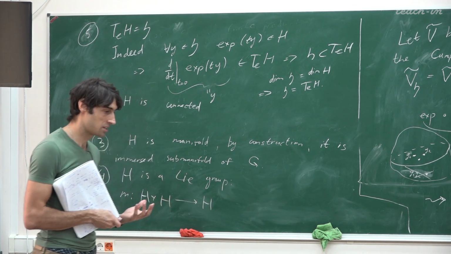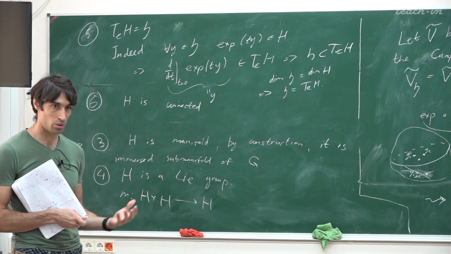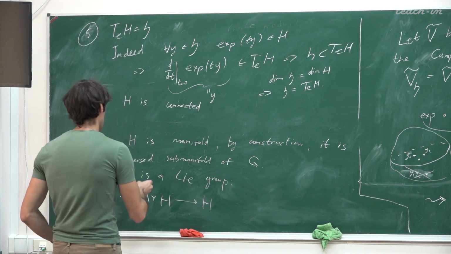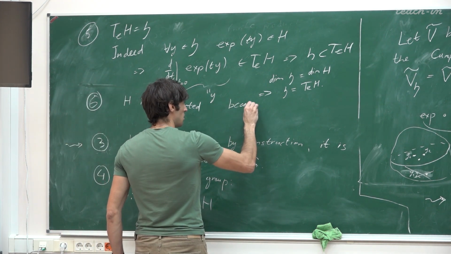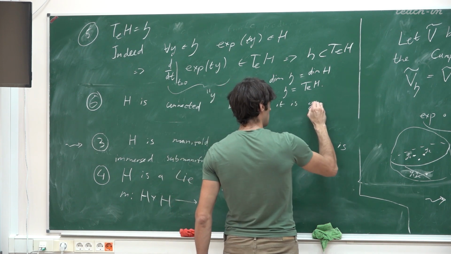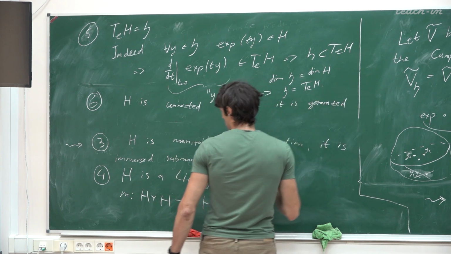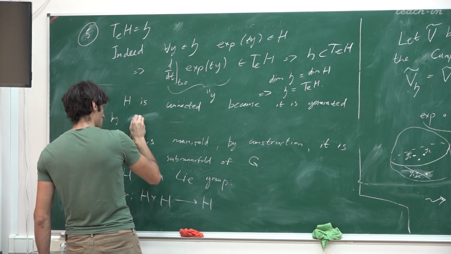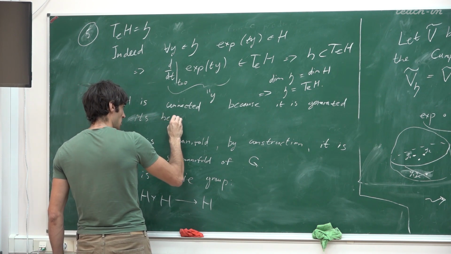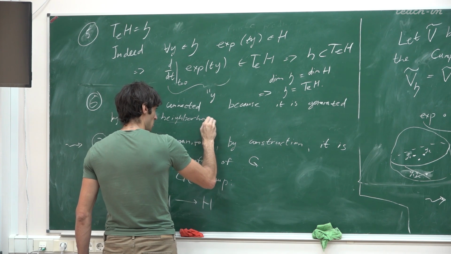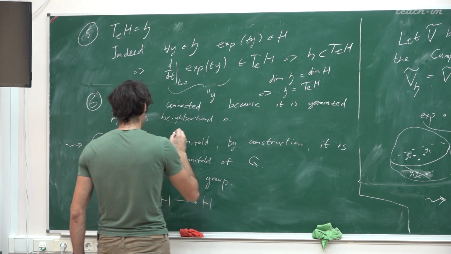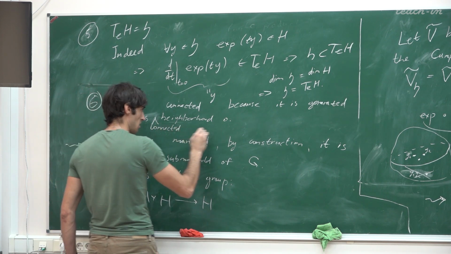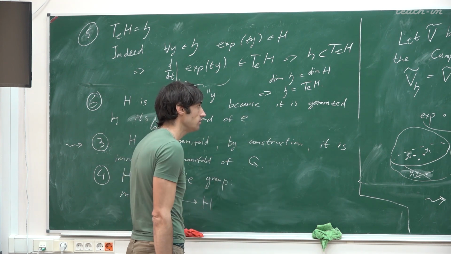Otherwise, if it was not connected, the neighborhood of identity would generate just the connected component of identity, not the whole group. So H is connected because it is generated by its neighborhood of identity, and I should say a connected one even. So that's it.